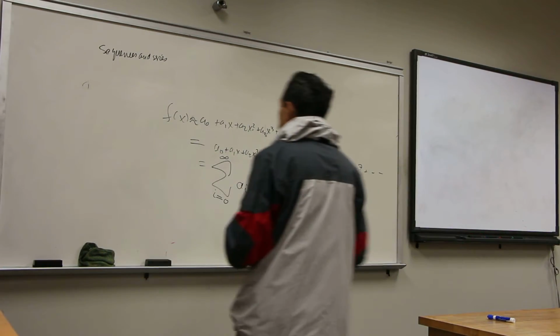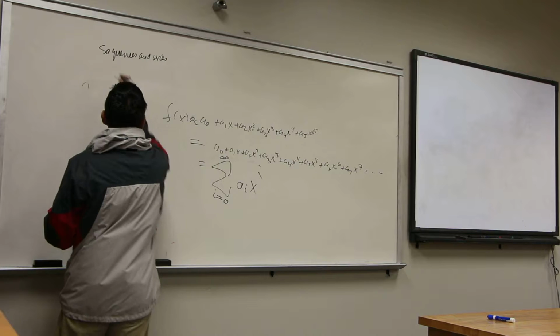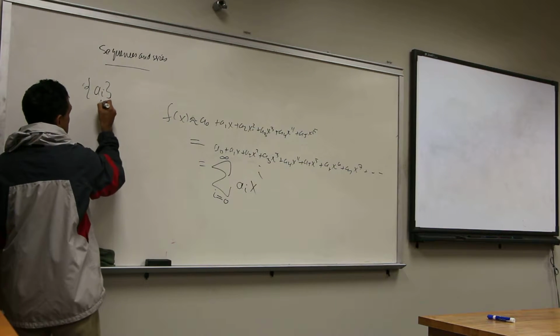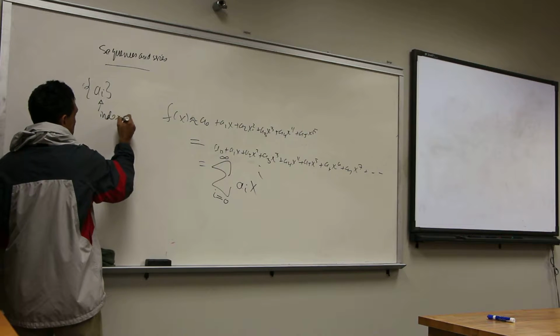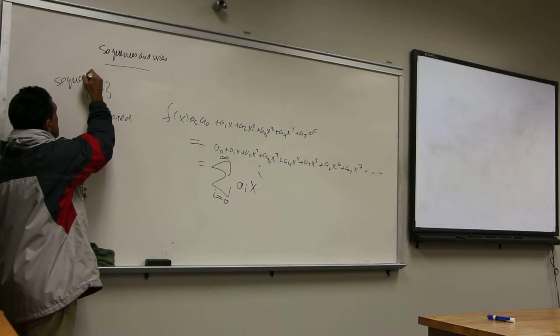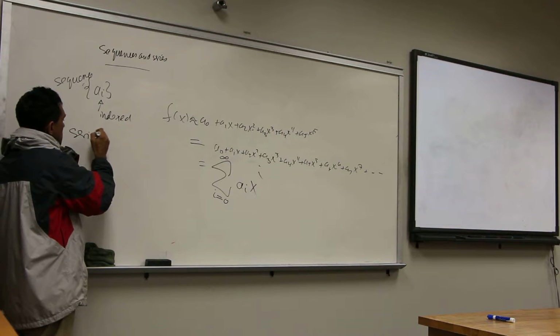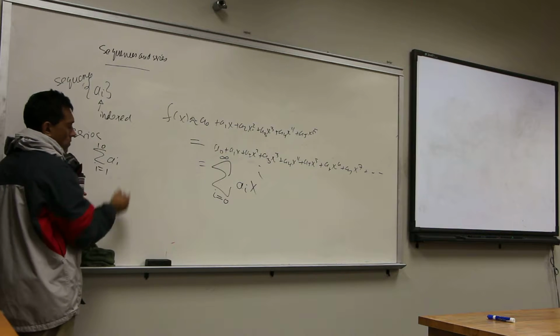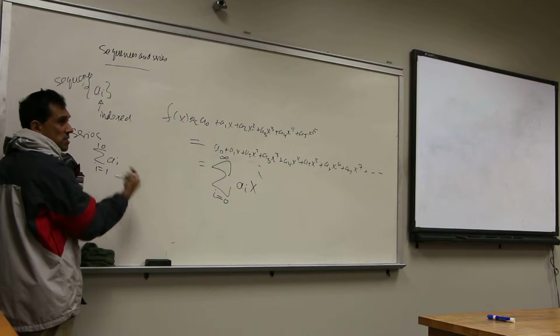Now, we know what a sequence is. So a sequence is an index set. And then a series is a sequence, and this is a series. And this is the sum of a sequence.